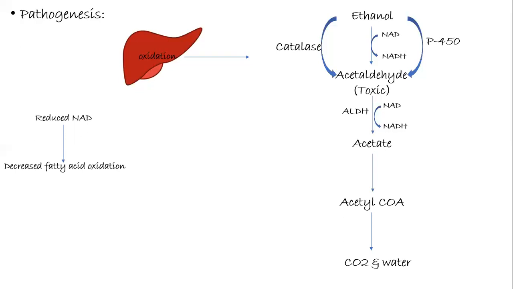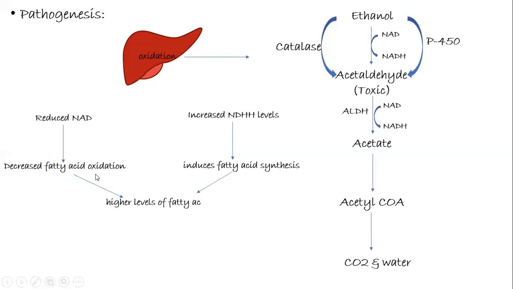There is decreased fatty acid oxidation. Again, you can see NAD is converted to NADH, so the production of NADH is increased and it causes fatty acid synthesis. So fatty acids are being synthesized in the body and fatty acid oxidation is reducing. So it results in higher levels of fatty acids in the body.